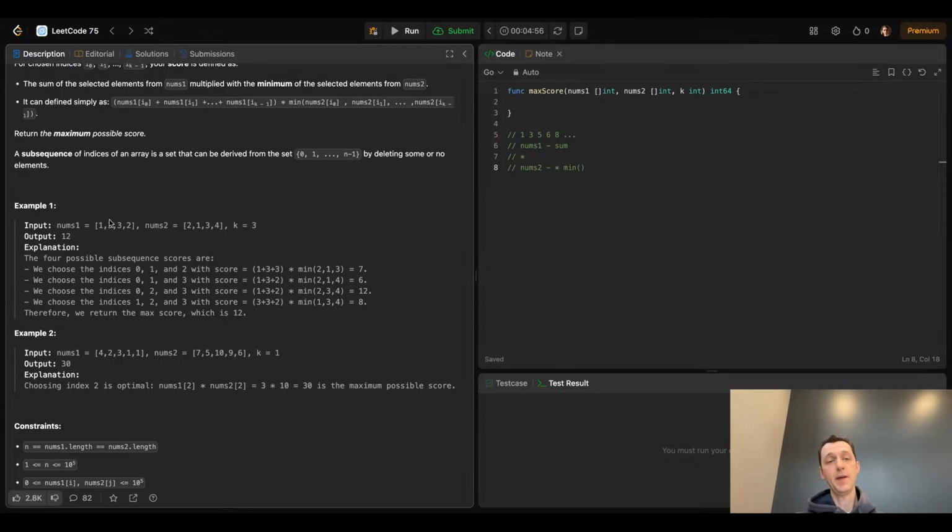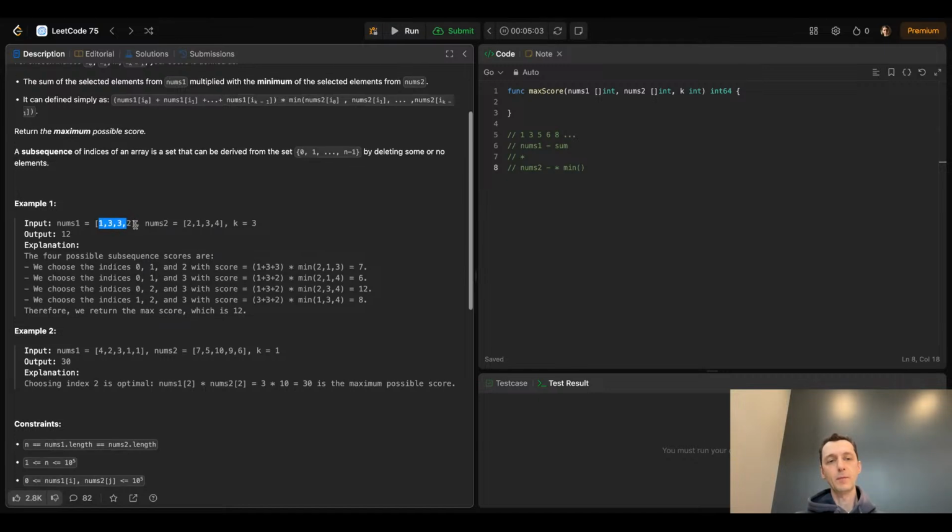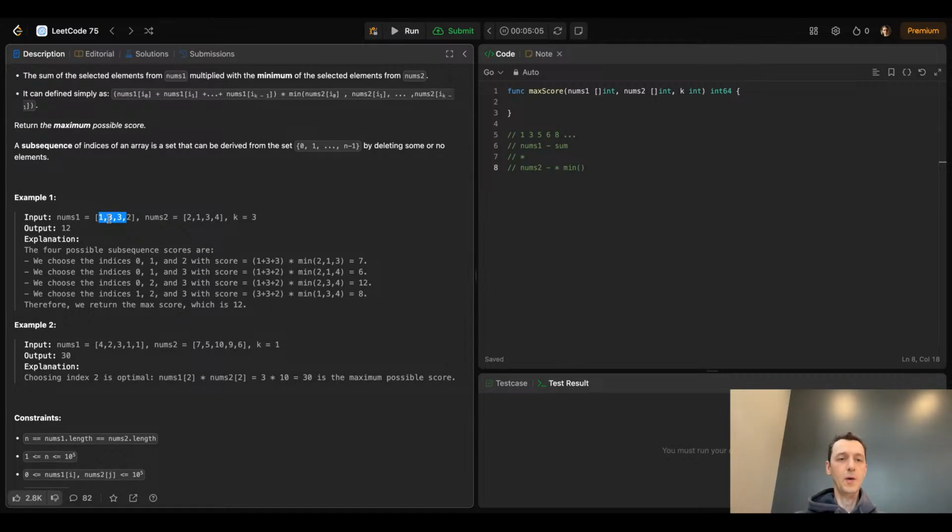When k is smaller, then you can pick different ones. Okay, yeah. So we can try going through all the subsequences and check each one, and each subsequence check is a linear operation.